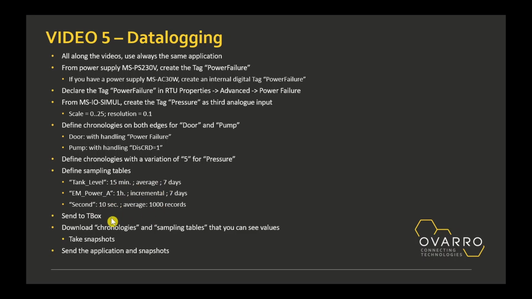Send to T-Box. Download chronologies and sampling tables so that you can see values. Of course, after you have sent to the T-Box, you will have to change tags for chronologies in order to see the changing. Remember, chronologies is on event. Take snapshot of the Windows chronologies and sampling table you have displayed and send application and snapshot.